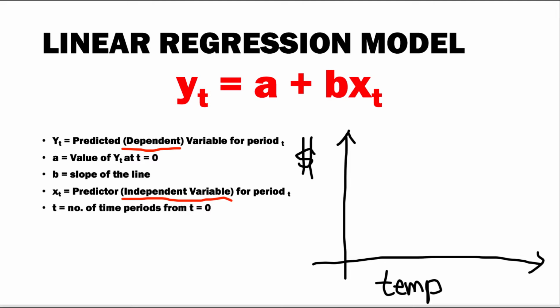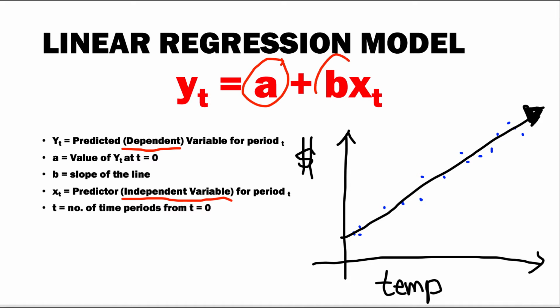And say we start collecting the data of sales that we make at different temperature levels, and we start seeing something that looks like this. And when we get the average, we see a pretty obvious trend that as the temperature increases, the sales of ice cream increases. Using Excel's regression report, which we talked about in an earlier video, we can now discover A, the y-intercept, and B, slope.